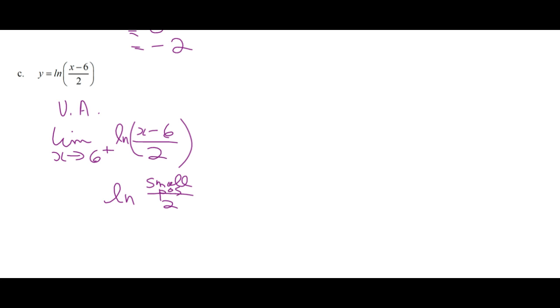So the ln of a small positive is negative infinity. If you want to sketch that, call that 6, and that's what's happening there. Remember, we're just interested in the vicinity.